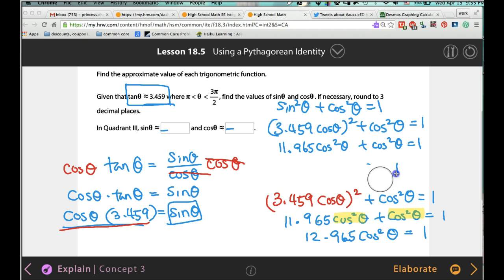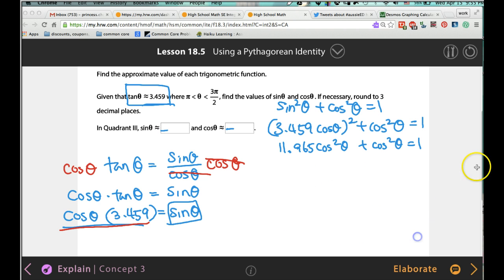Okay, and then I'm going to erase it so I could make more room. And then I explained this. The next one is 12.965 cosine squared theta equals 1. In order for you to find this, you know you gotta divide both sides by 12.965.